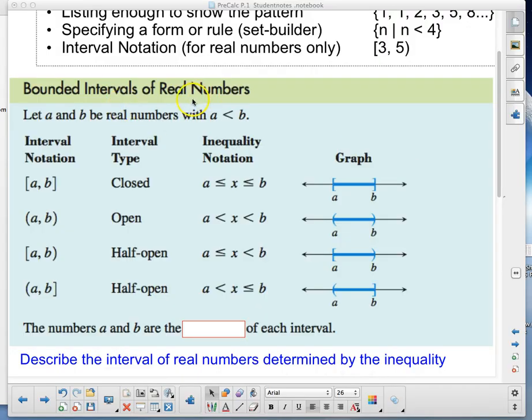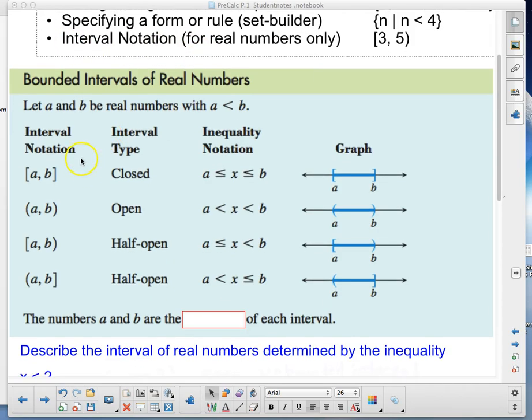Now, bounded intervals of real numbers is what we've looked at in this very last one, in interval notation. Please notice that you have a closed set where you have a and b, two specific definite numbers. You have brackets here and here. It is closed on this interval, which means it's including a and including b. And it'll look like this when we graph it. It'll look like this in our interval notation.